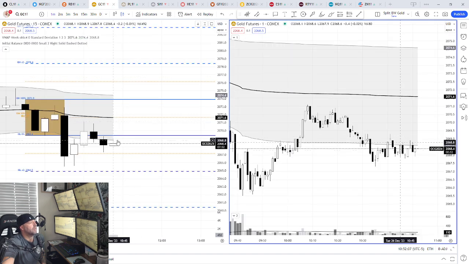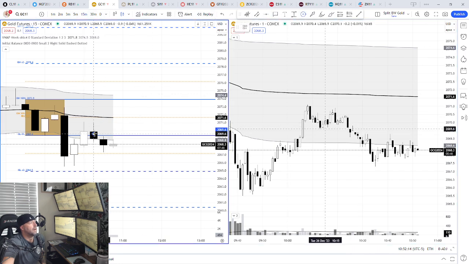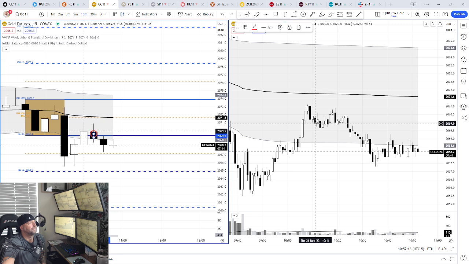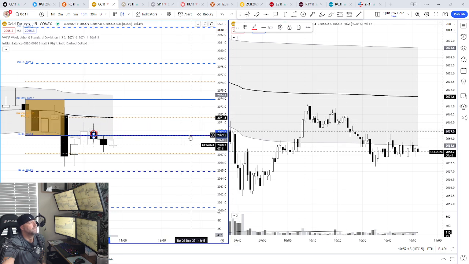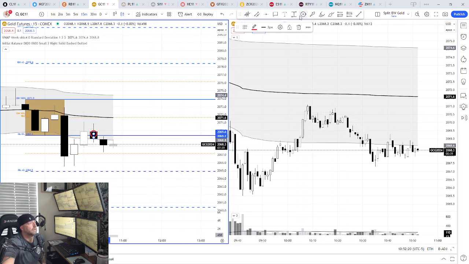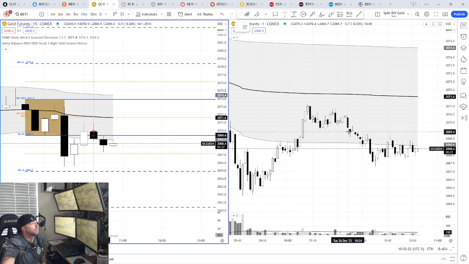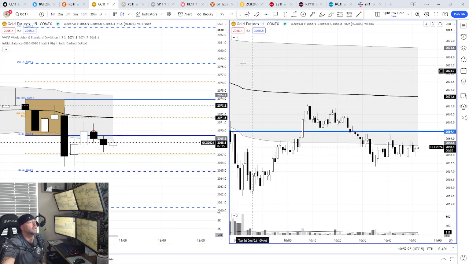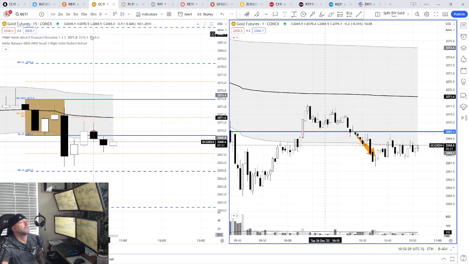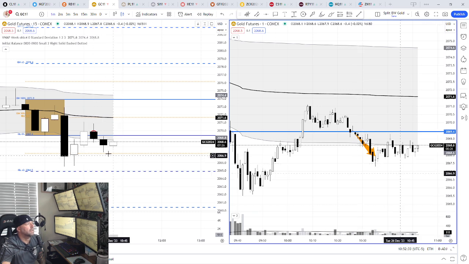Then I had a nice short in gold, right here at value area low or IB low. Took this short. Got to the 50% mark right here.